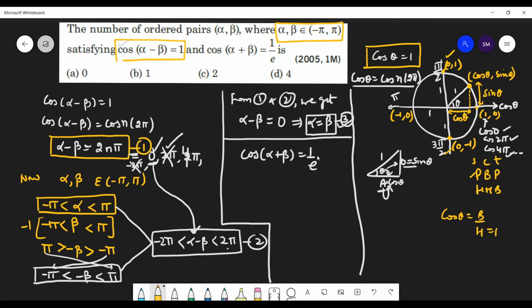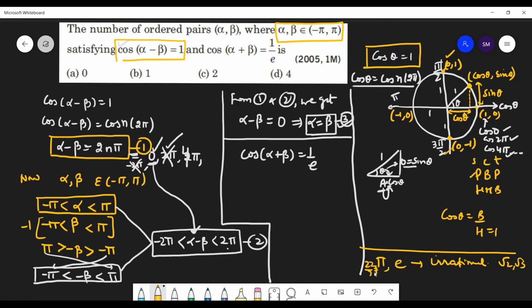What is the value of e? See students, pi and e, these are irrational numbers. Just like root 2, root 3. How will I tell that these are irrational numbers? First thing is, I cannot write them in the form of p by q. But I write pi as 22 by 7.